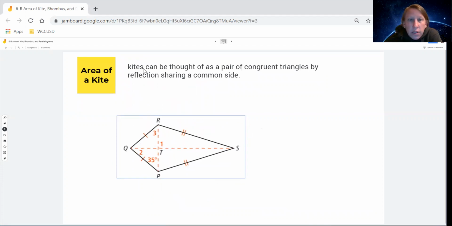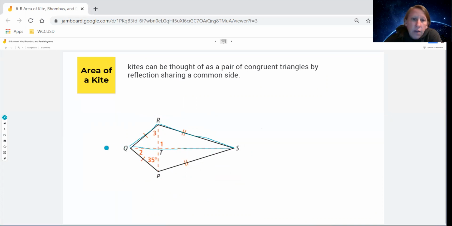So kites, you can look inside a kite and you can see that it's actually a pair of congruent triangles that are a reflection of each other and they share a common side. So when I look at this picture, I can see that there is a triangle QRS right here.